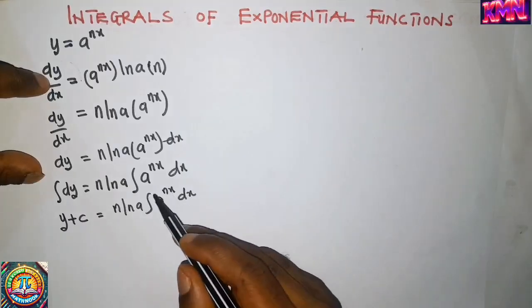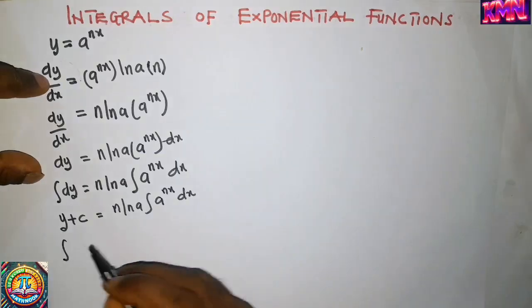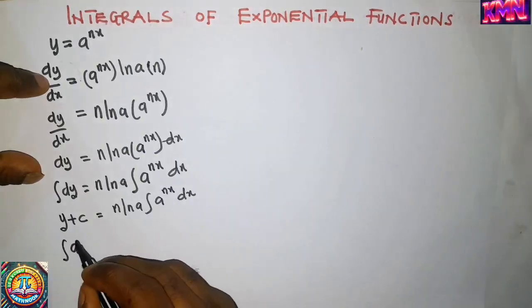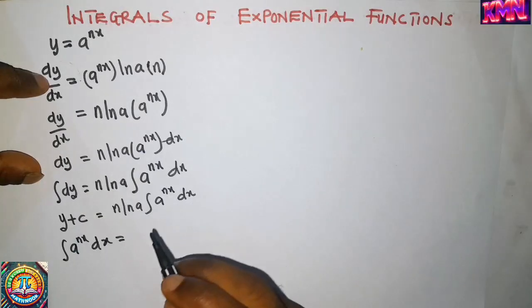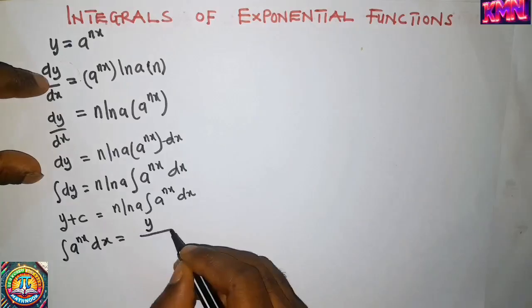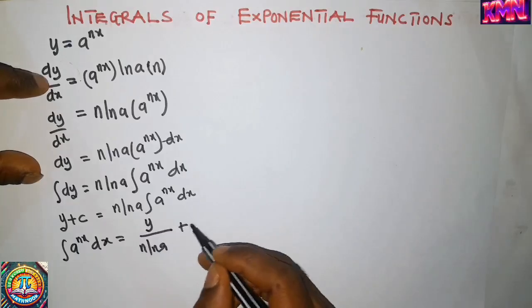Let's make integral of a^(nx) dx the subject, of which we are going to get integral of a^(nx) dx to be equal to y on n ln a plus the constant.